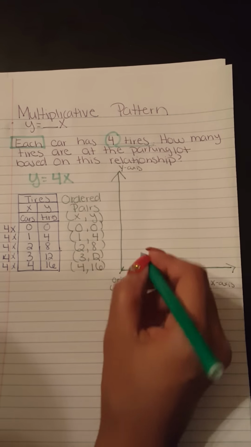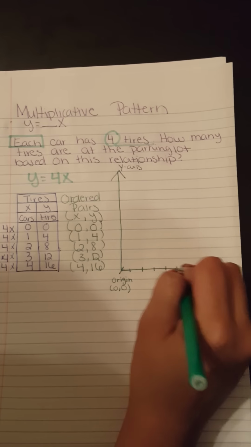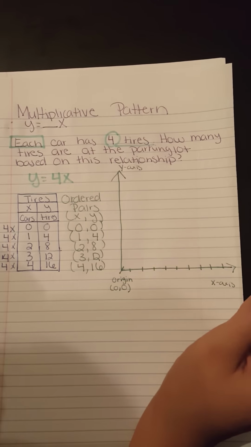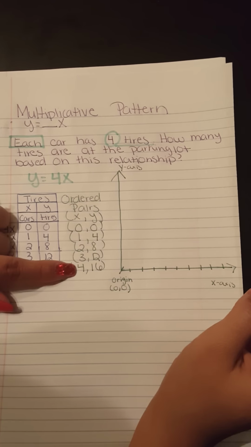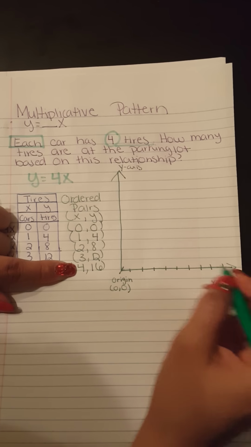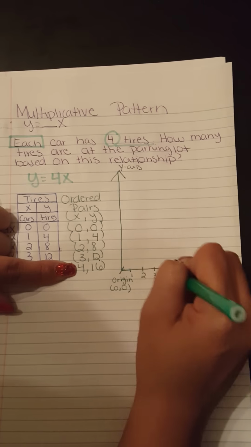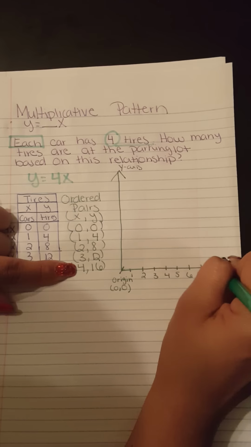Okay, now we just need to set our little lines here. 1, 2, 3, 4, 5, 6, 7, 8, 9. My x values go up to the number 4, so if I go by ones, I'm going to have enough room for all of my values. 1, 2, 3, 4, 5, 6, 7, 8, and 9.